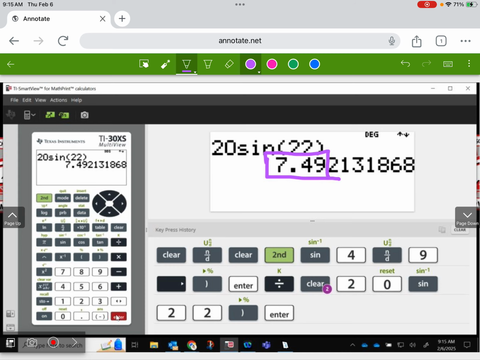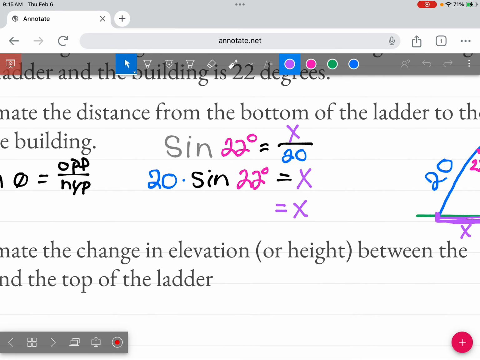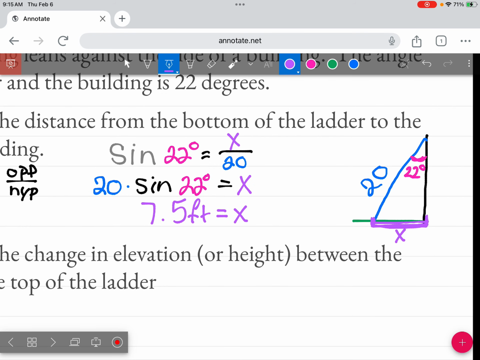So we're going to give it 7.5. So our x is going to be 7.5-ish. Same unit, so 7.5 feet. So this equals 7.5.